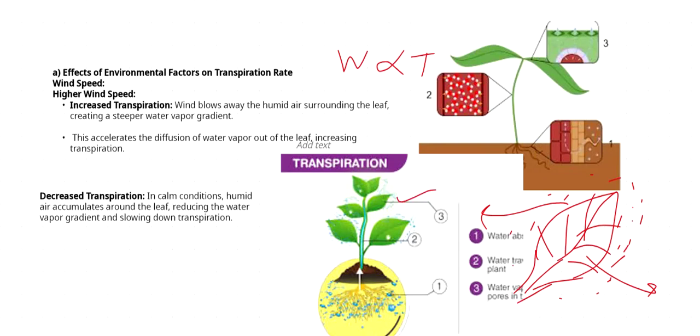So it means humidity is inversely proportional to transpiration rate. More humidity, less transpiration; less humidity, more transpiration, and vice versa.